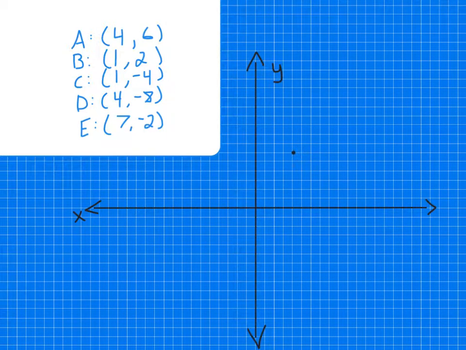So then I go to B, which is 1 over, 2 up, so right here, and then (1, negative 4), 1 over, 4 down. I should be more specific. Those are 1 right, 4 down. So now I have 4 over, 8 down.